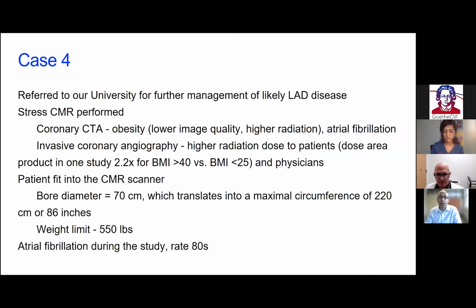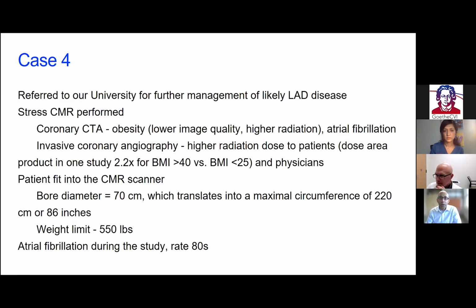Based on the quality of the nuclear stress test, we decided to perform a stress CMR. We considered a coronary CTA; however, that was not the optimal test because of his obesity, which would lead to lower image quality and higher radiation. He was also in atrial fibrillation, which is not the ideal situation for a coronary CTA.